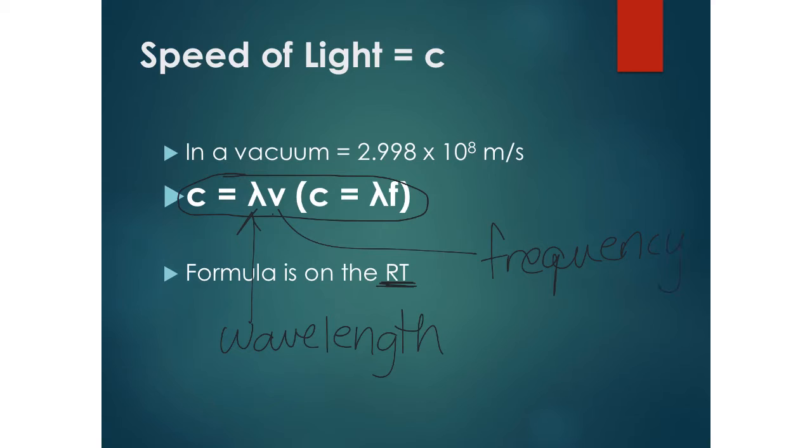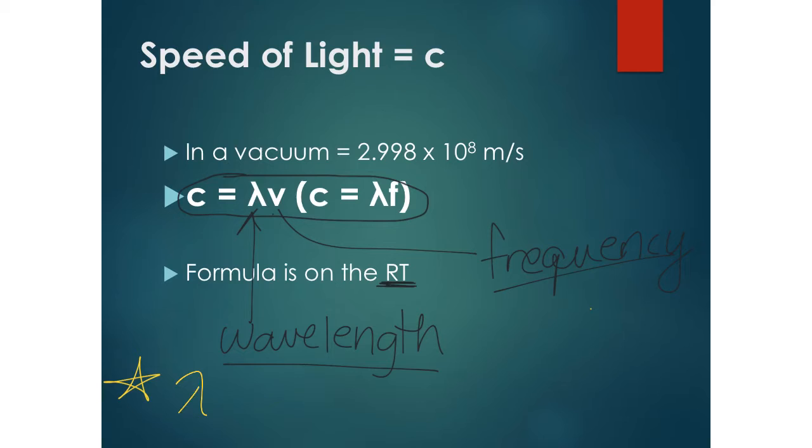So if we think about that last slide that you just looked at, when you have a higher frequency, you have a smaller wavelength. So they are next to each other in the equation, which means that as one increases, the other one decreases. So they have an inverse relationship.